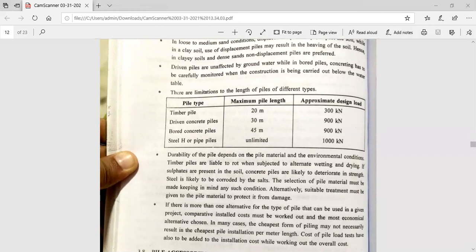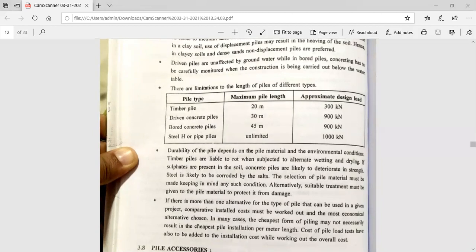For driven concrete piles, length is 30 meters and approximate design load is 900 kilonewton. For bored concrete pile, 45 meters maximum pile length with the design load of 900 kilonewton, and for the steel H-section or pipe piles, unlimited pile length provided with the design load of 1000 kilonewton.